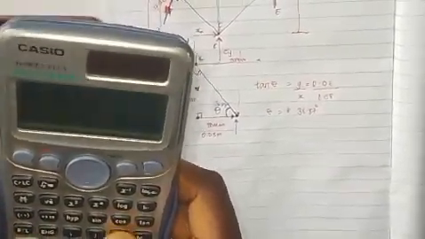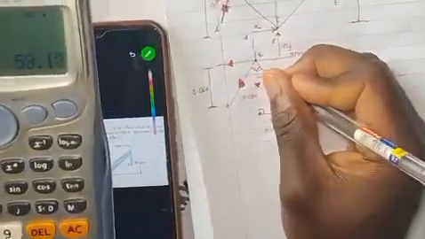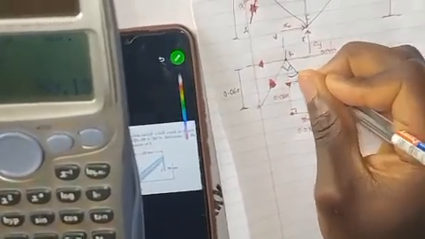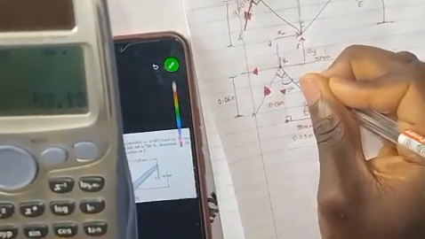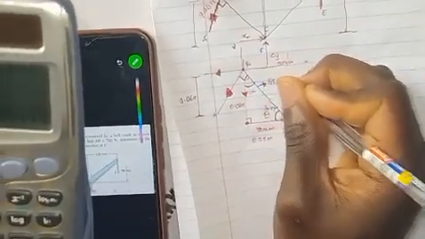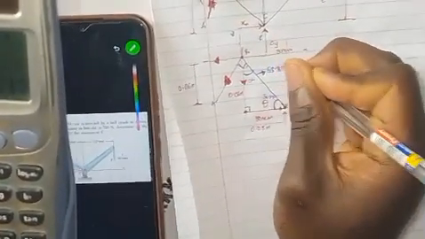The angle here, let's call it alpha, will be 53.13 degrees. So our alpha is 53.13 degrees.